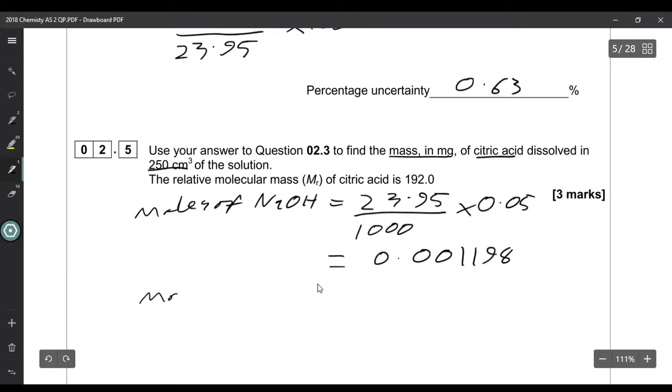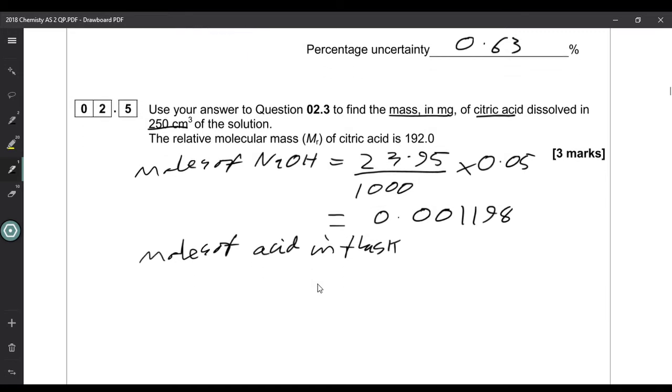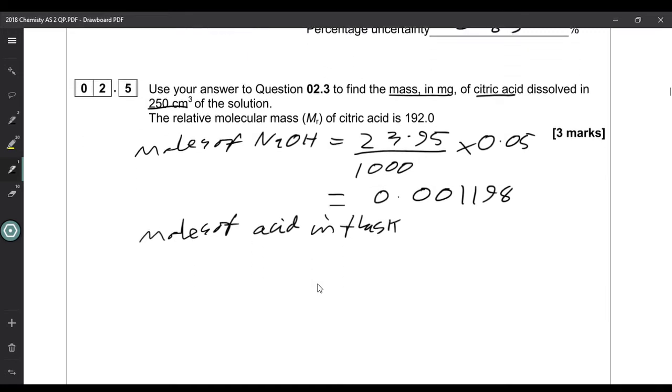We've got to work out how many moles of citric acid were in our volumetric flask. Now remember, when I was reading out the question, I said that there was a ratio of 1 acid to every 3 sodium hydroxides. So we have to adjust because of that ratio.